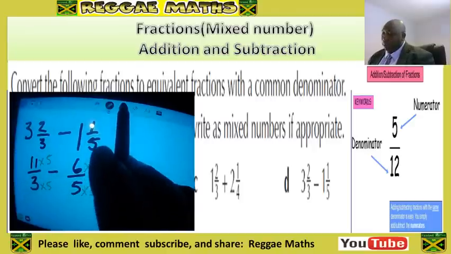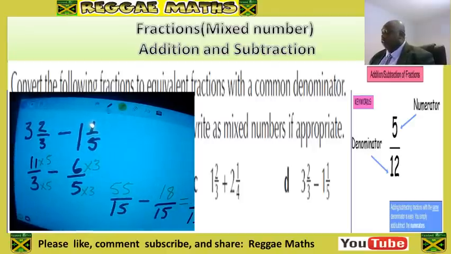And we go through the basics here, because some of you don't know how to take away. So let's just go through the basics, right? So if you see that and you're struggling, 8 from 5 you can't, so you borrow 1 and you say 8 from 15. 8 from 15 is 7, right? 1 from 4 is 3.